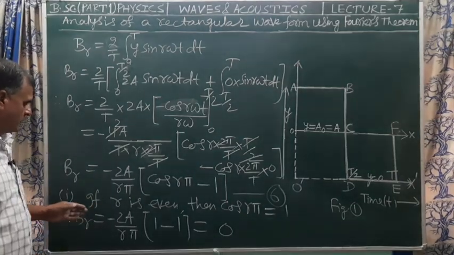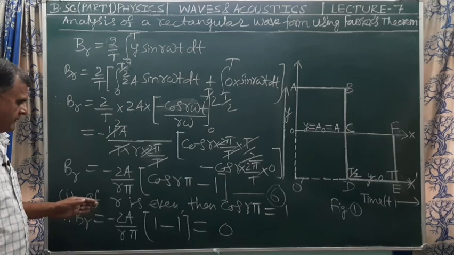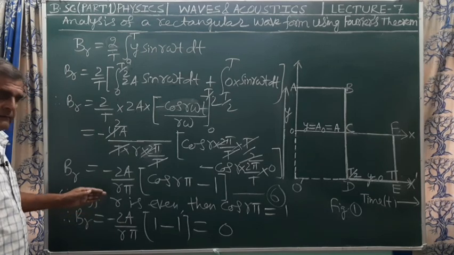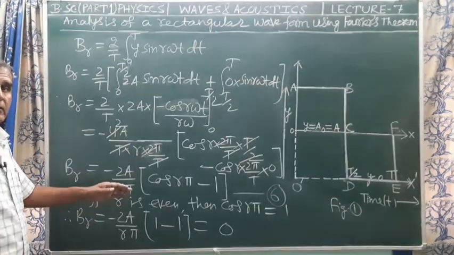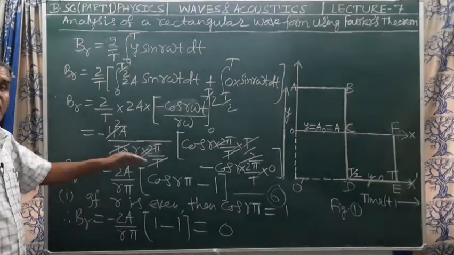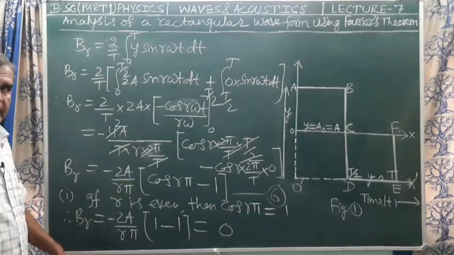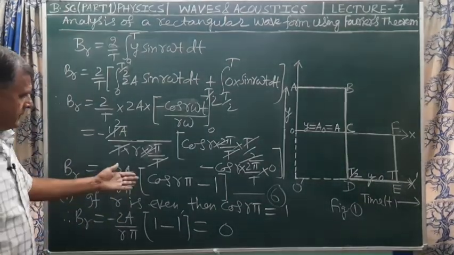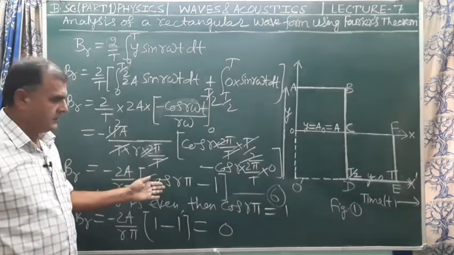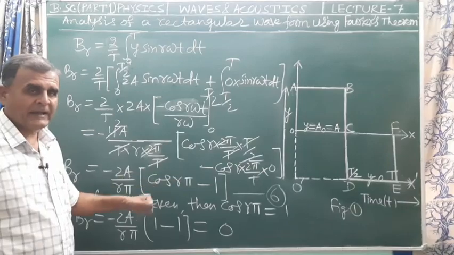So now we have to take the value of r when small r is odd, that is r equals 1, that is cos pi, cos 3 pi, cos 5 pi, cos 7 pi.